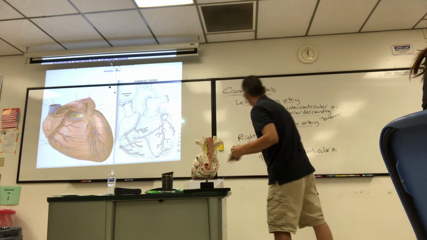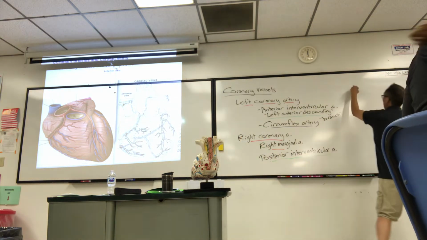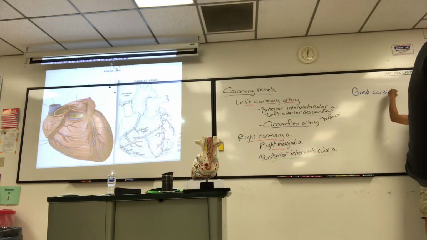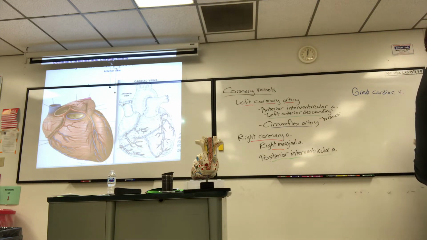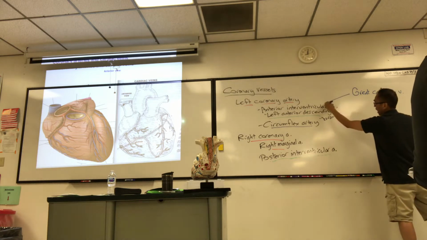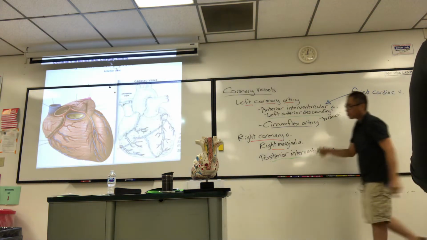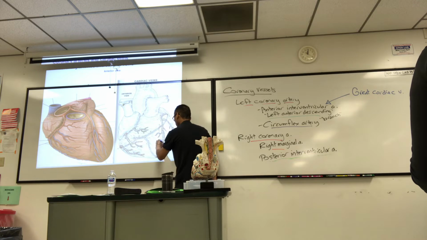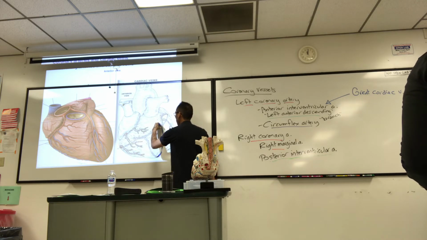Great cardiac vein. Called coronary vessels, cardiac veins, and this one runs with the widowmaker, the anterior interventricular, runs with this guy. Okay, so I'm going to color it in here. It's in the anterior interventricular sulcus.